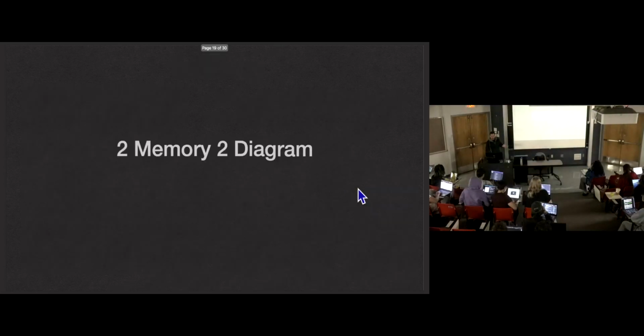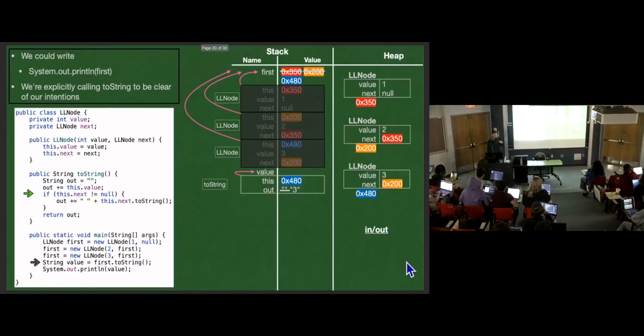So let's jump right back to a memory diagram and look at how this toString works. I'm going to explicitly call toString. We can do print line of first, which will have the same effect here because print line will call toString. I'm going to break it into two lines just to be explicit. So we call first dot toString.